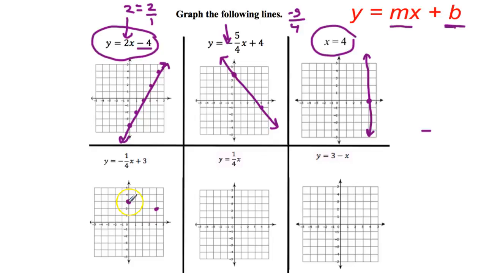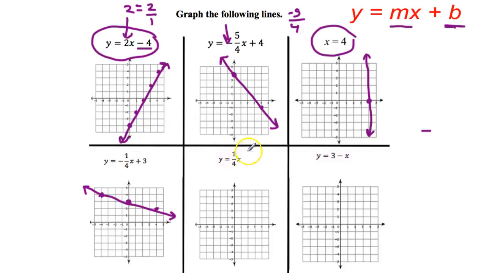It's not my night tonight. Up 1 to the left 4. There we go. So now I can connect these 3 dots. Put the arrows on the end. That tells me it goes on forever. And there it is. My y-intercept is 3 and the slope is negative 1 over 4.